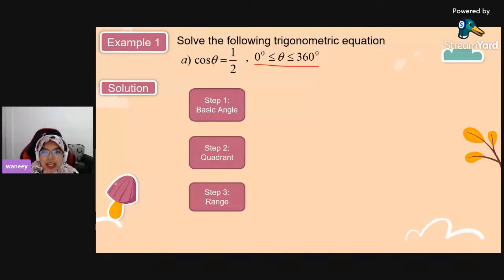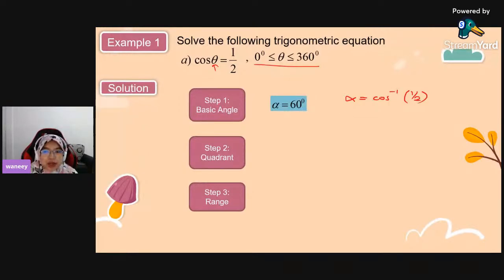In order to make theta the subject, I'm going to use arc cos. So alpha is equal to arc cos of half, which gives you 60. So that is the basic angle.